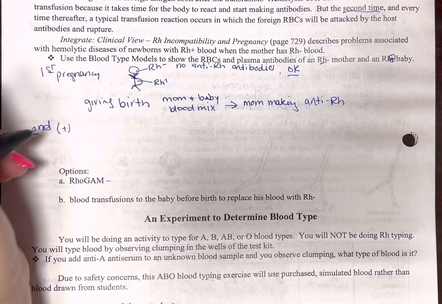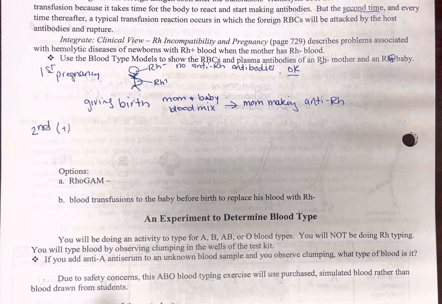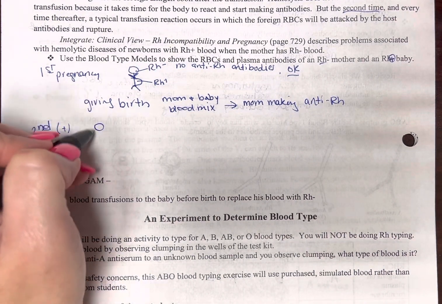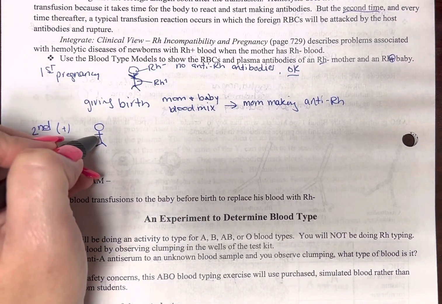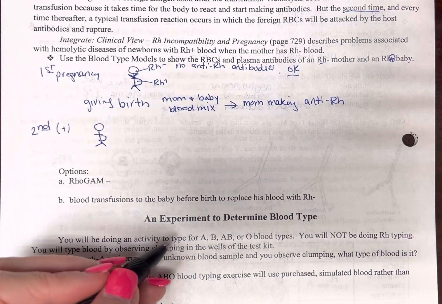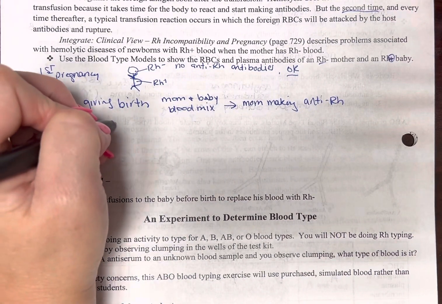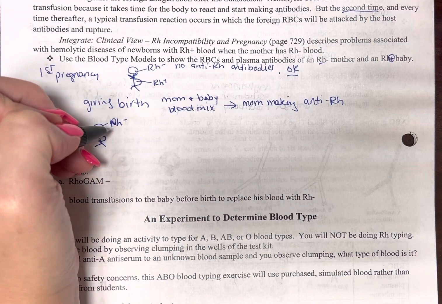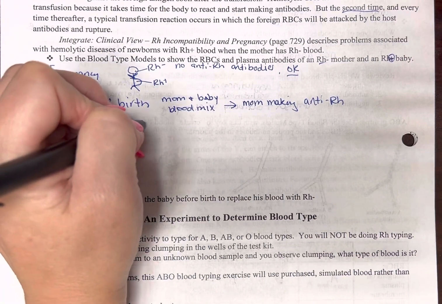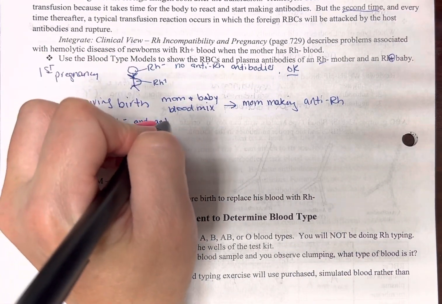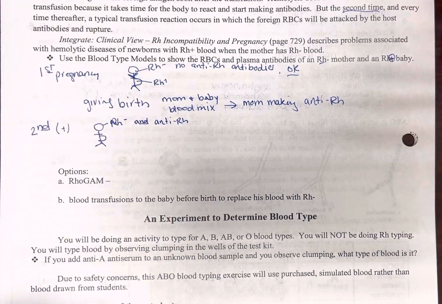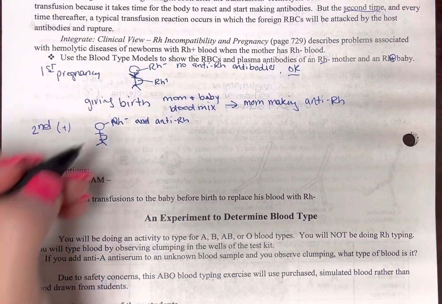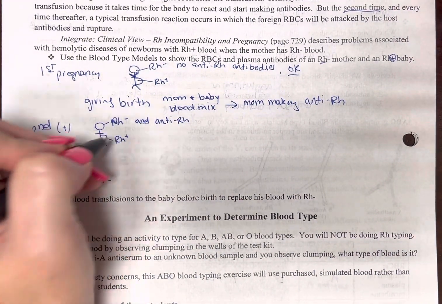Now, here's what happens. Any second or subsequent pregnancy, here we have mom. Here's her pregnant belly. Mom is RH negative. Now, she does have anti-RH antibodies. Baby here is RH positive.